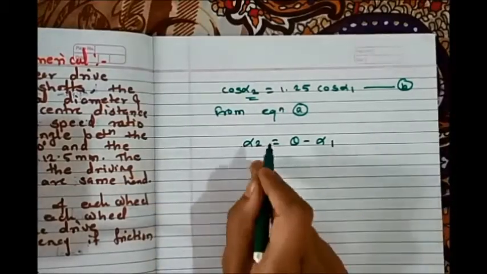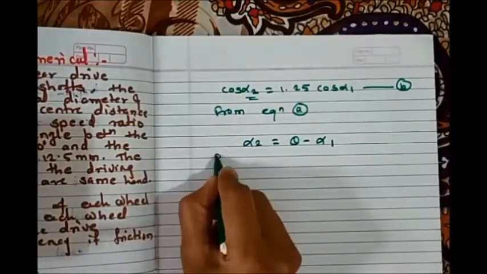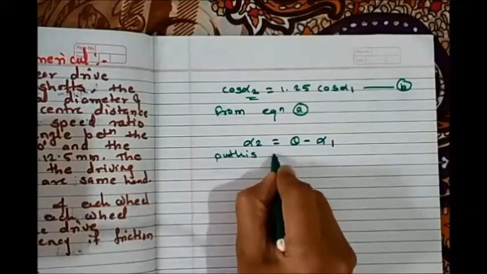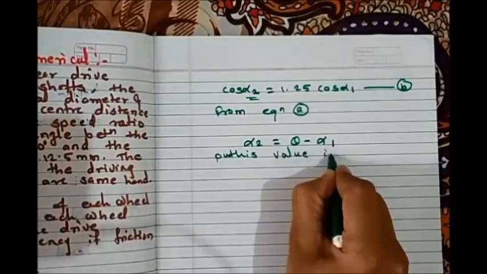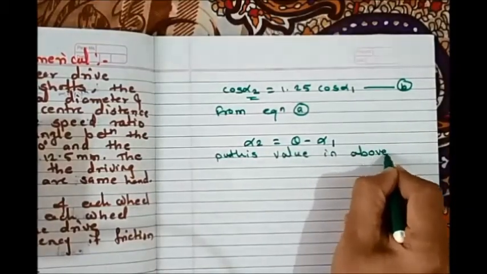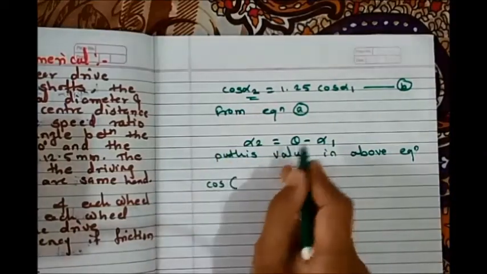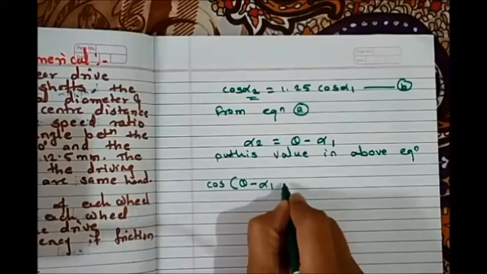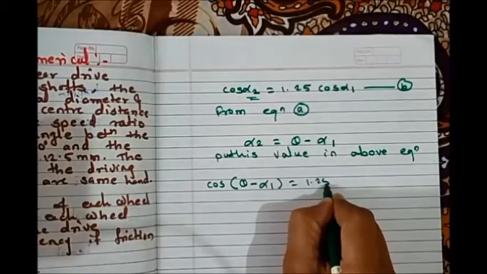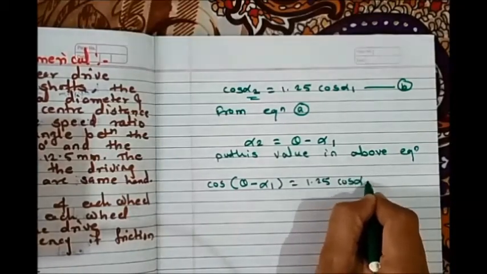So from equation A we get this value. Now put this value in the above equation. We get cos of theta minus alpha 1 is equal to 1.25 cos alpha 1.